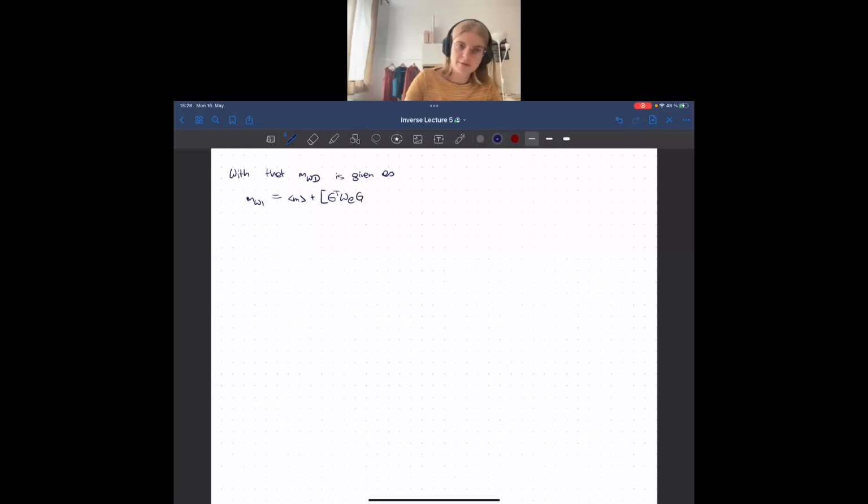Here we have the least squares operator, and now we add the weight of the minimum length operator with parameter epsilon.